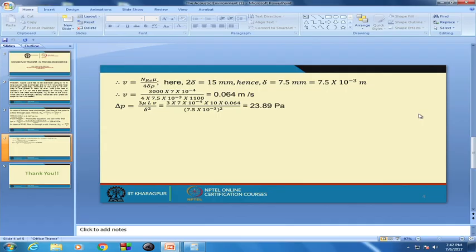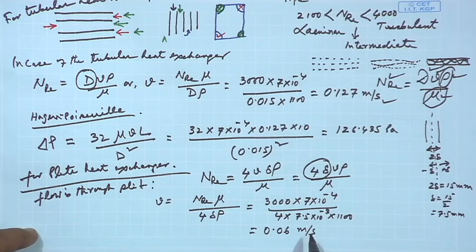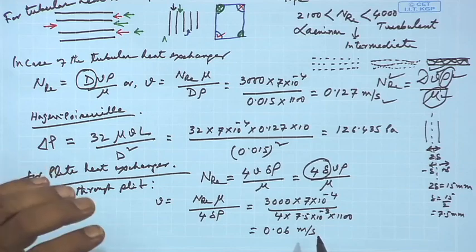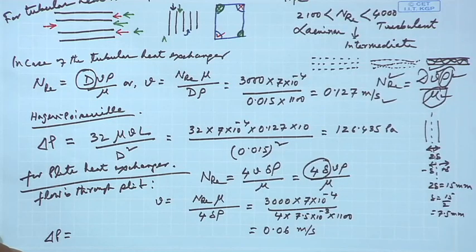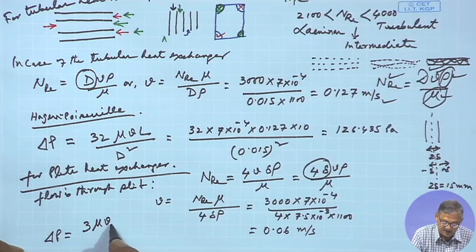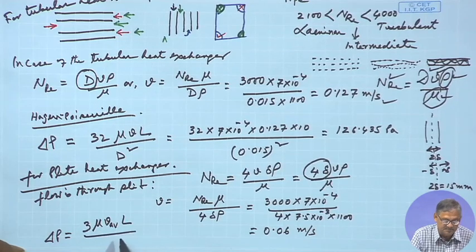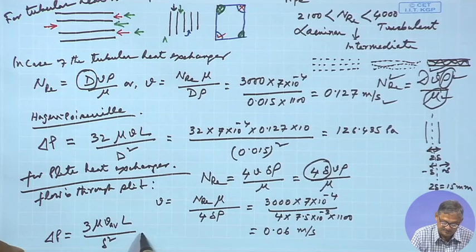This tells that we have much less velocity, much lower than that in the tubular heat exchanger. Now let us look into the delta P. So, the delta P, from the flow through a slit, if we see the expression, was 3 mu V average L by del square, right.